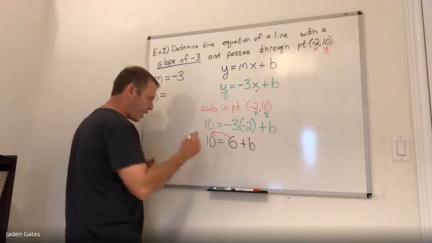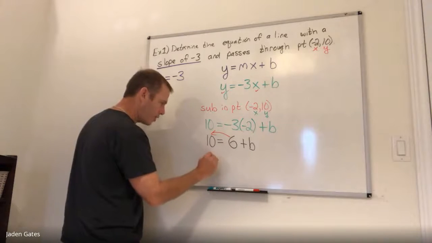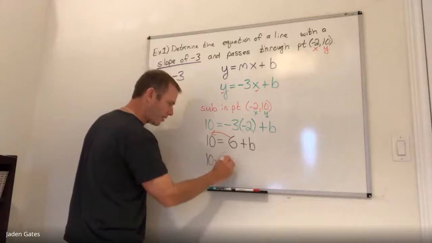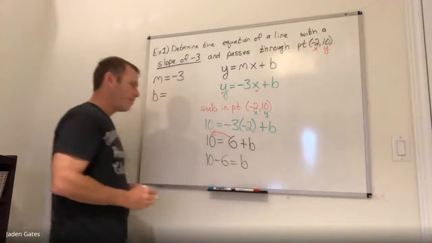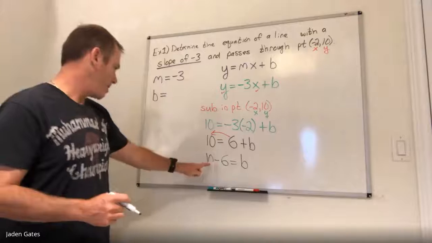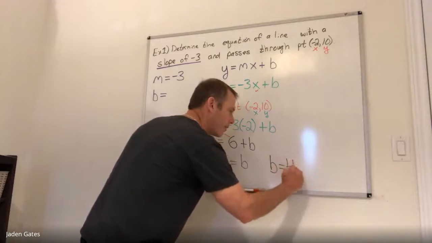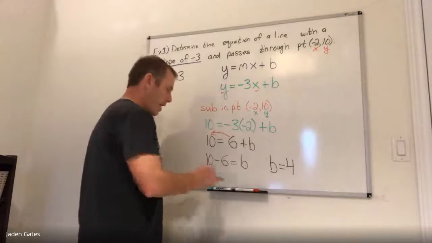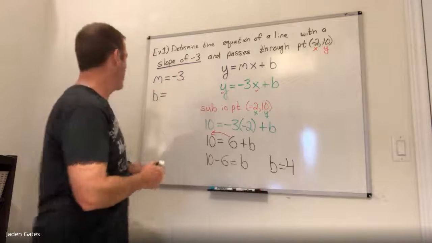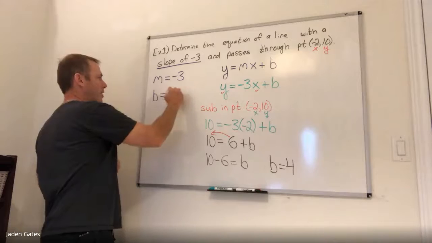And when it changes sides, it changes sign. So it's going to be 10 - 6 equals b. Well, that means our y-intercept is 4.